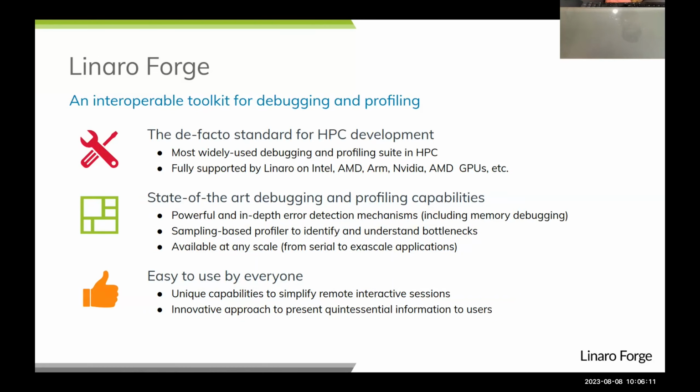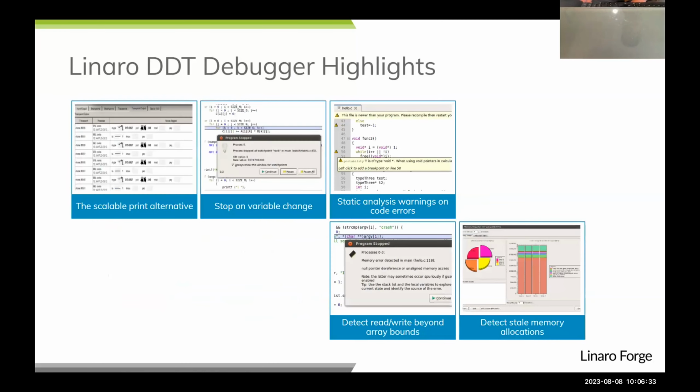We're supported on Intel, ARM, NVIDIA GPUs, and recently on AMD GPUs, not ARM GPUs. So once again, ease of use, especially in profiling, with our profiling tools very focused on being easy to use for most users. All right, DDT, which we're going to be focusing on today.